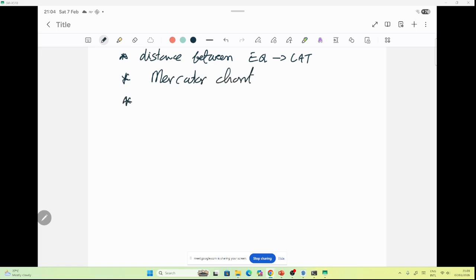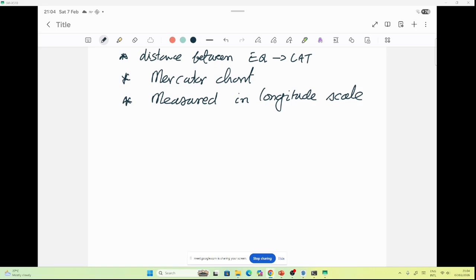The third point is, measured in longitude scale. Are we clear? Yes, sir. Clear.